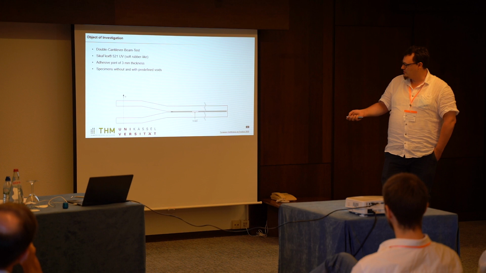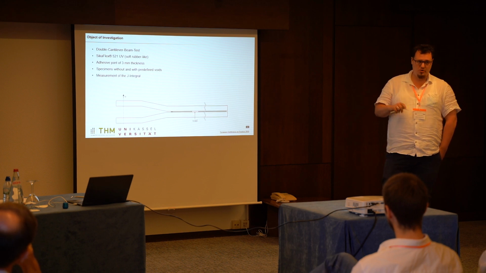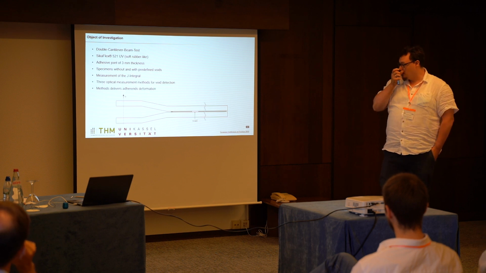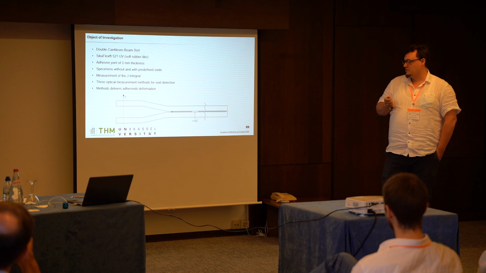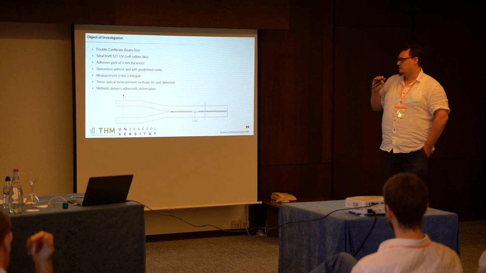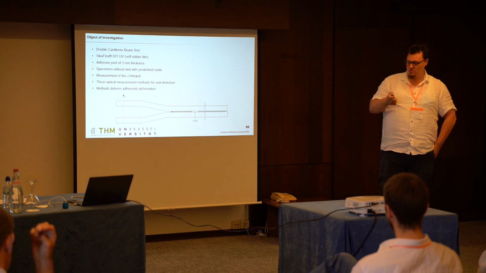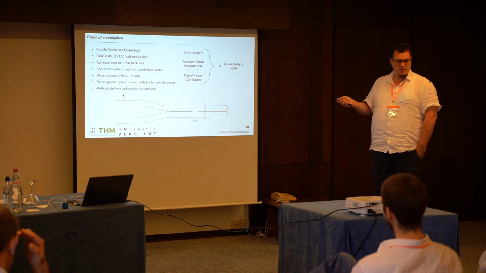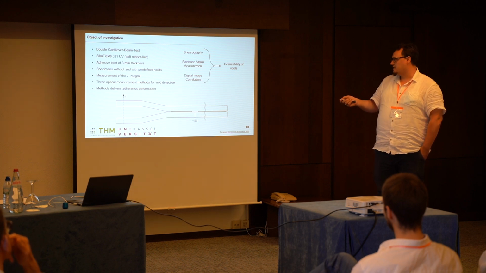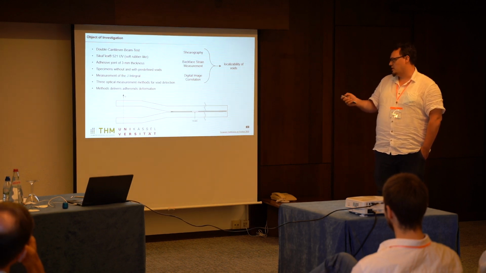We measured the J integral, and we chose 3 different optical measurement methods to measure the adherend deformation, and these are the shearography system, then backface strain measurement with optical fibers, and the digital image correlation.